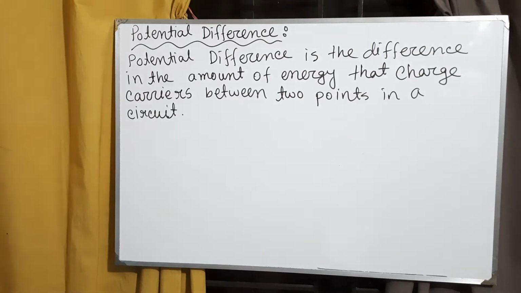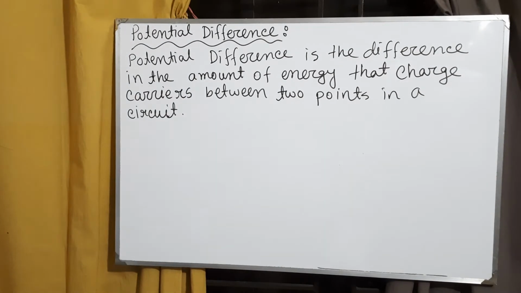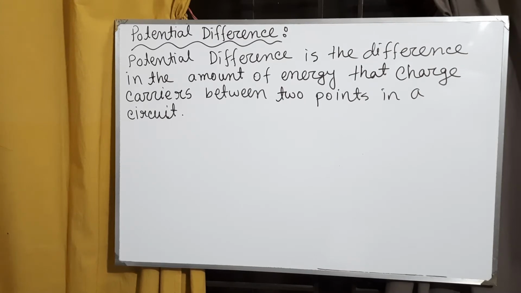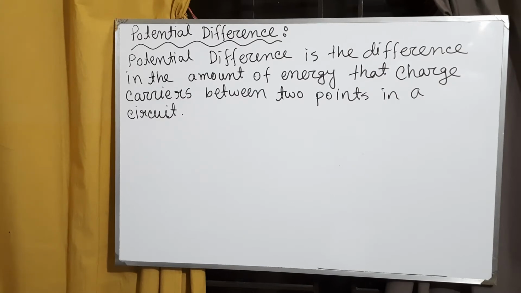Usually, you must have seen different warning signs on electric lines like danger, 10,000 volt. You all know that there is a thing known as electric shock. It is very dangerous.